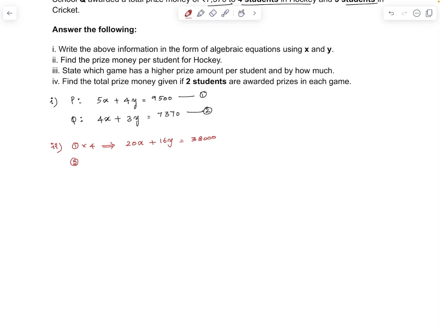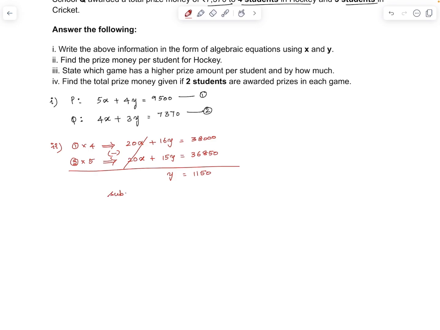The second equation times 5 gives us 20x plus 15y is equal to 7,370 into 5, which gives us 36,850. On subtracting these two equations, x gets eliminated, y is equal to 1150.